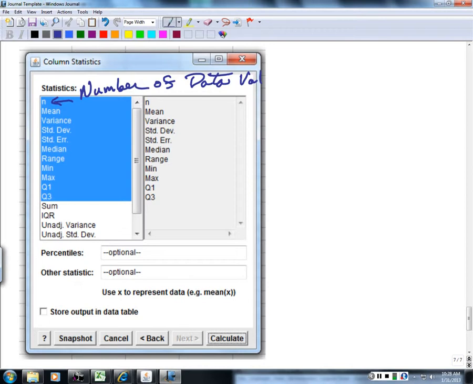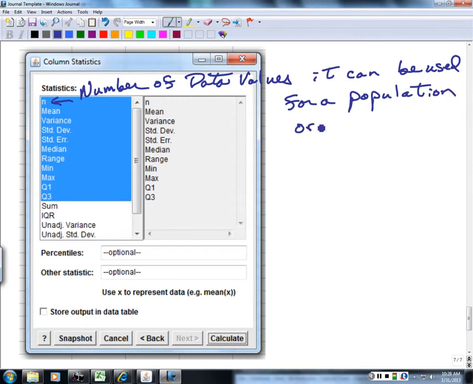That's your n. And it can be used for a sample variance.